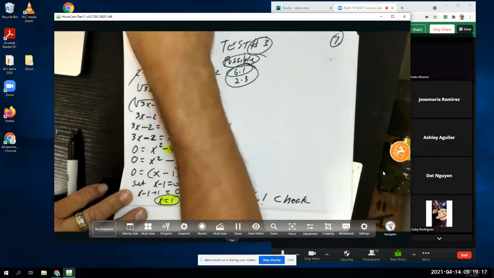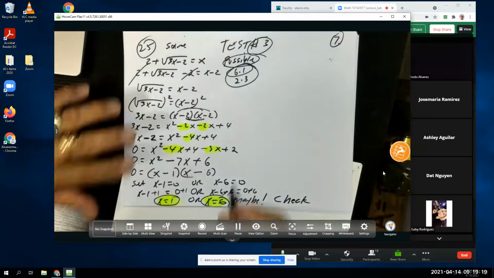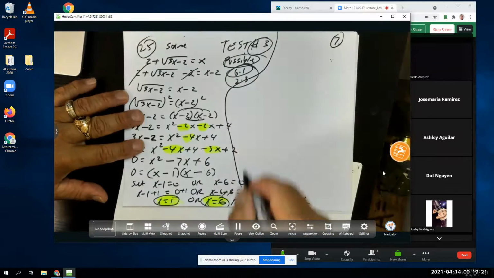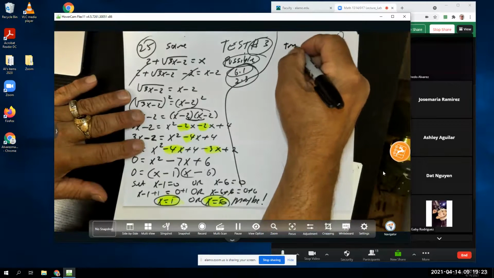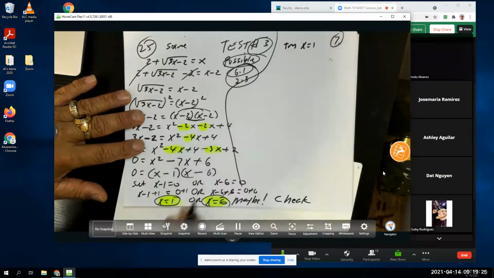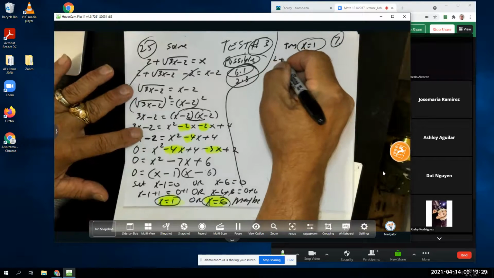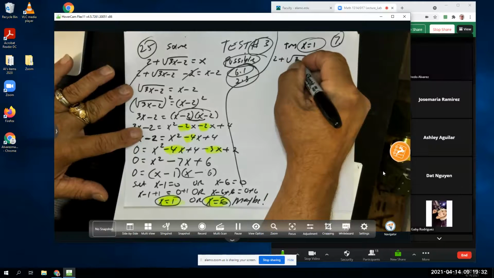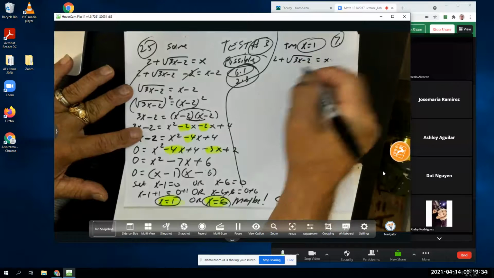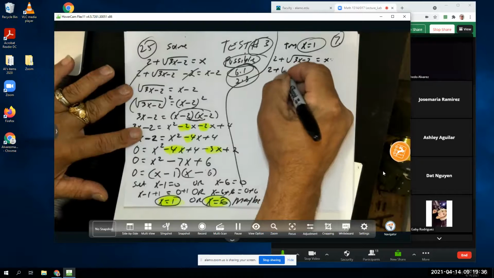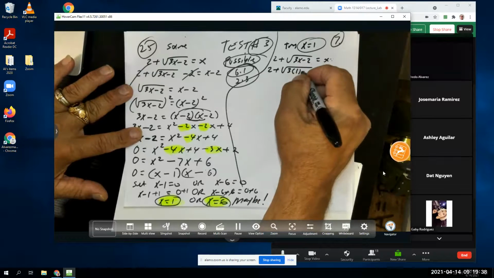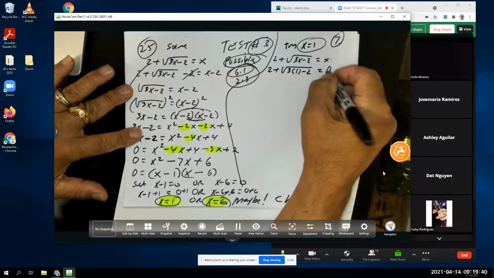Okay. So let's check this. I'm gonna try x equals 1. You think that'll work? I don't know. Let's find out. So 2 plus square root of 3x minus 2 equals x. Let's put the numbers in here. 3 times 1 minus 2, is that going to give you a 1? I don't know.